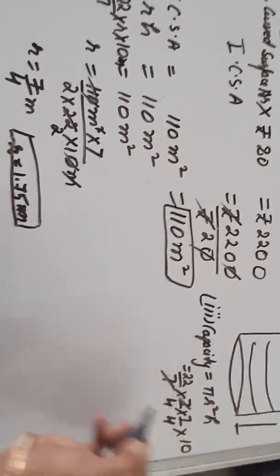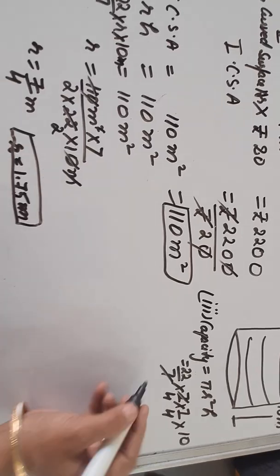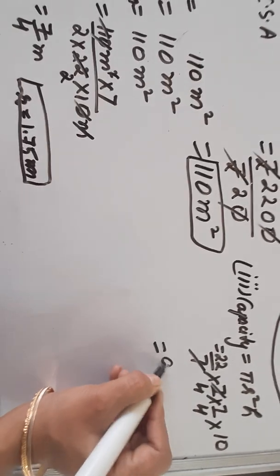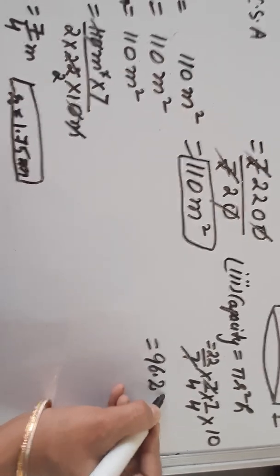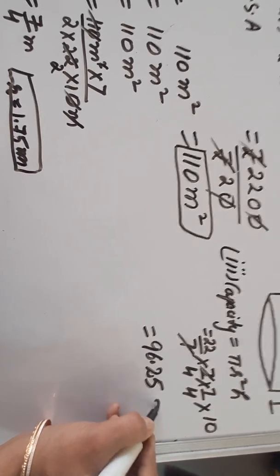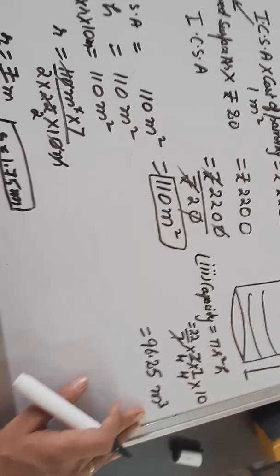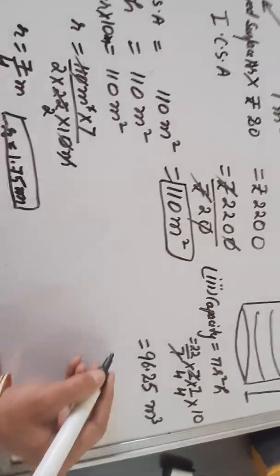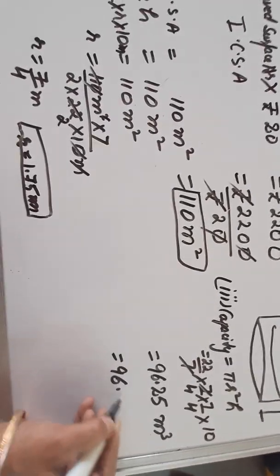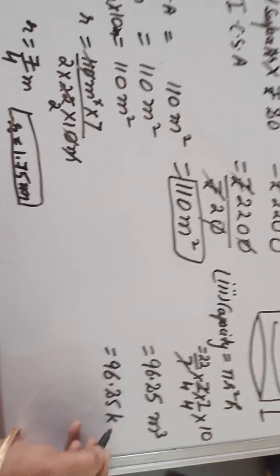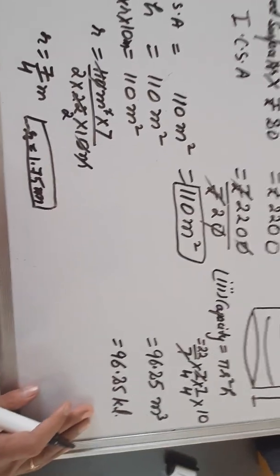So this will make our calculation easy. So by solving it we'll get the capacity as 96.25 cubic meter. Volume is always this, but if we want to calculate it in kiloliters, so we can write it as kiloliters also. 96.25 kiloliters, right?